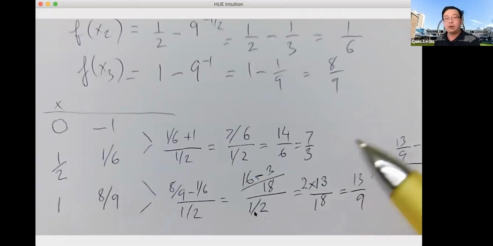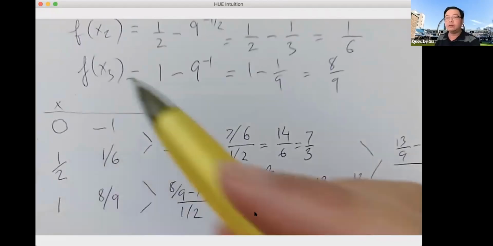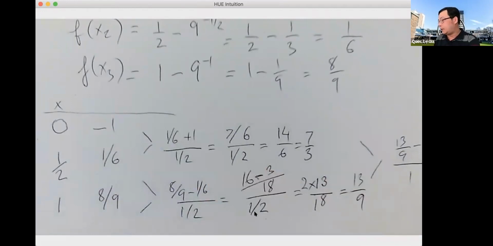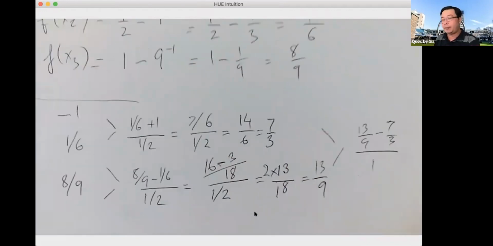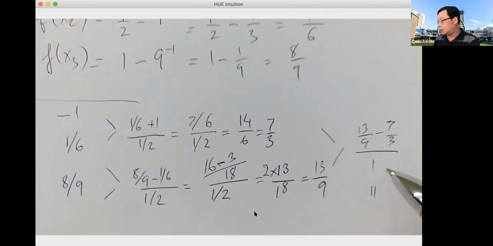So if you do it correctly, then 13 over 9 minus 14 over 9... No, sorry.